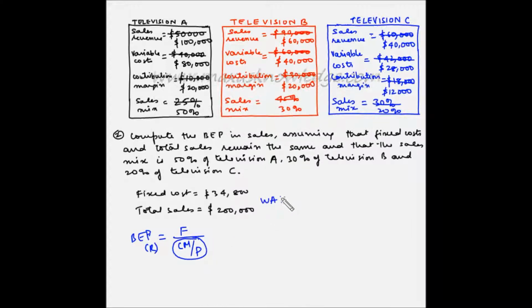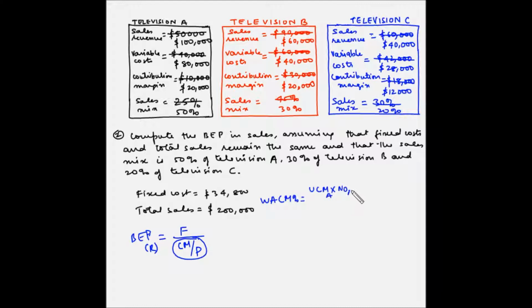So the weighted average contribution margin will be equal to unit contribution margin multiplied by the number of units.